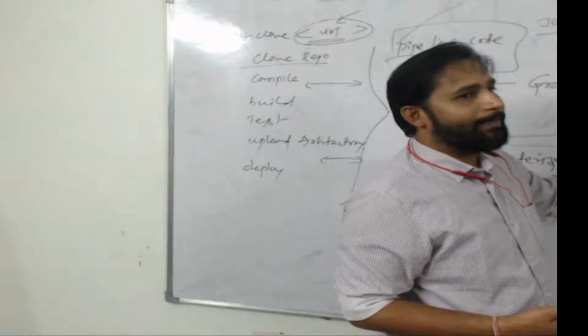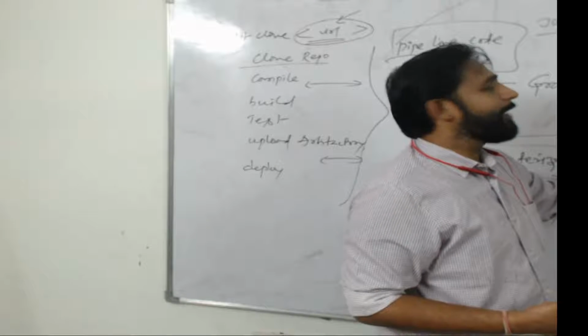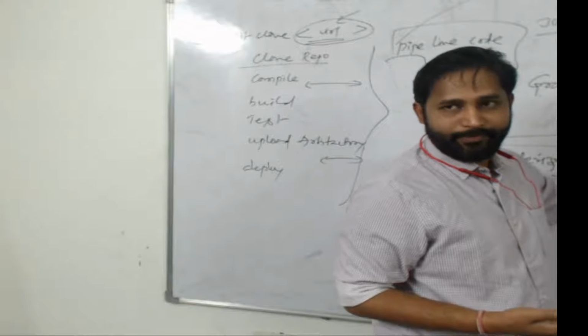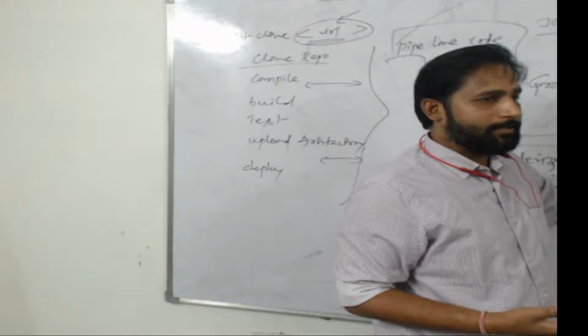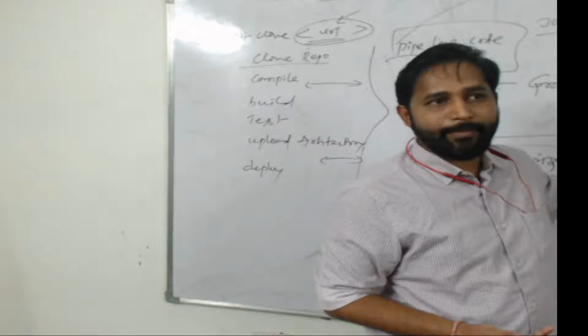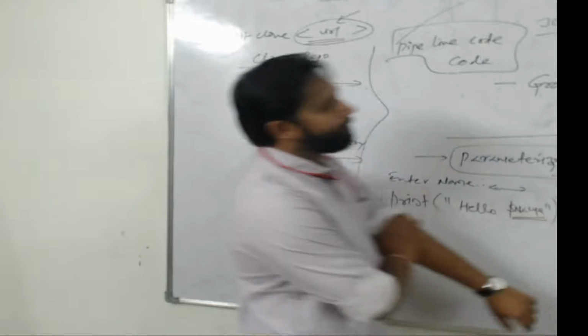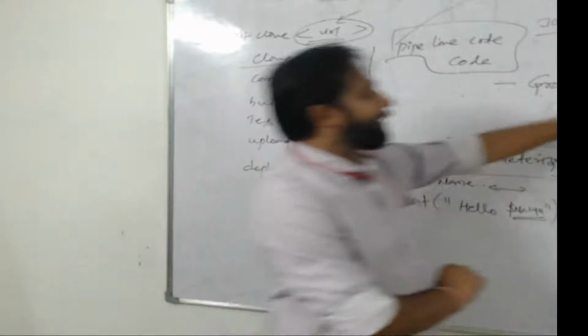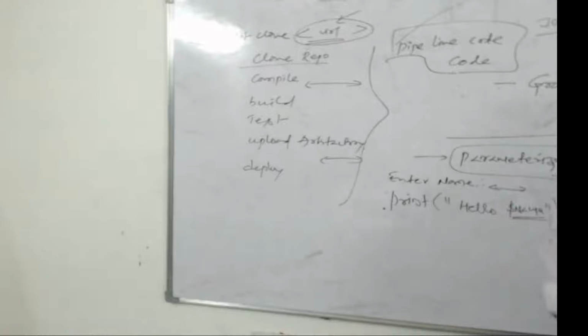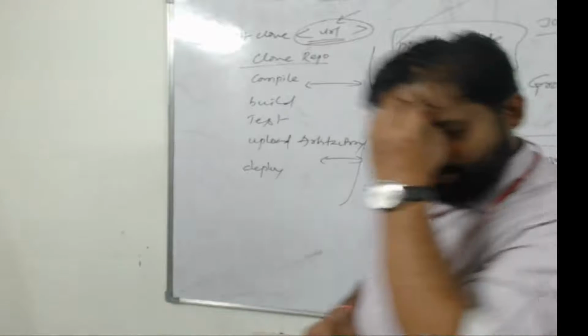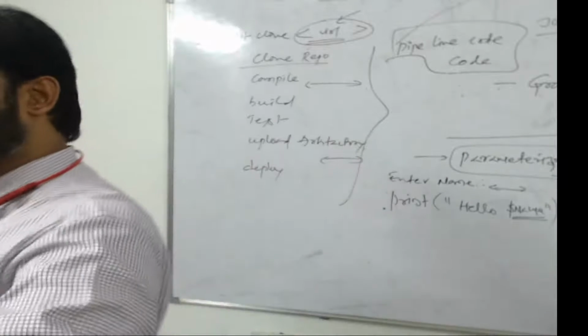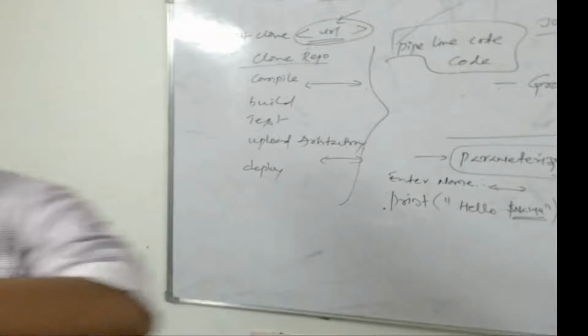Now the declarative pipeline is much easier because you don't have to learn Groovy to start using the functions. The additional advantage is that it's more readable and compact. That's it. So, scripted versus declarative: the main difference, how would you say? In scripted, you tell the steps, what to do next, what to do next.